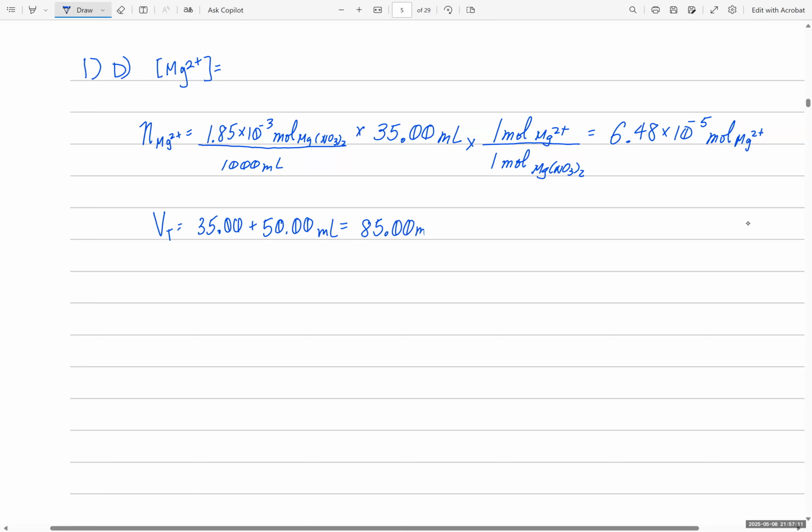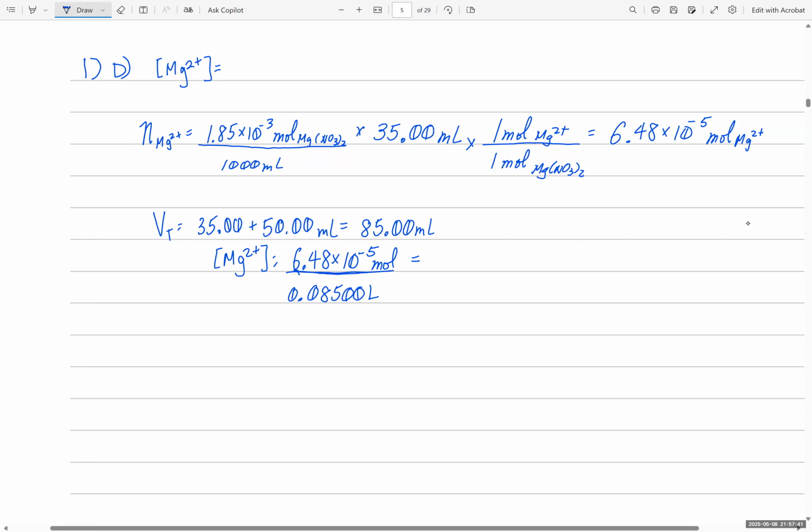85.00 milliliters, right? And to solve for the new concentration of our magnesium 2 plus, it should be 6.48 times 10 to the minus 5 moles per. Now, this is in liters, so we can just do the conversion here, so it's going to be 0.08500 liters.